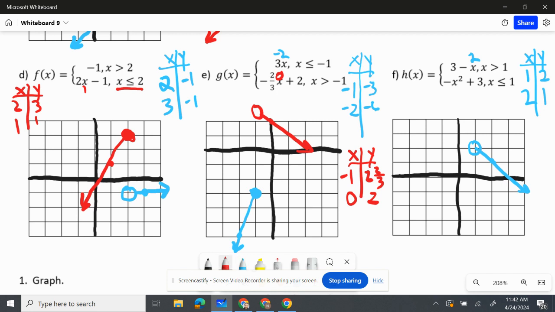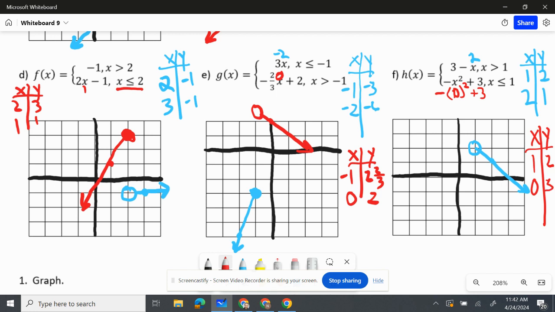For the next one, because it's a quadratic, I'm going to pick 3 points. I'm going to start off with 1. And when I plug in a 1, remember I square it first and then I do the negative. So 1 squared is 1. Negative 1 plus 3 is 2. Then when I plug in a 0, 0 squared is 0, so that would be 3.